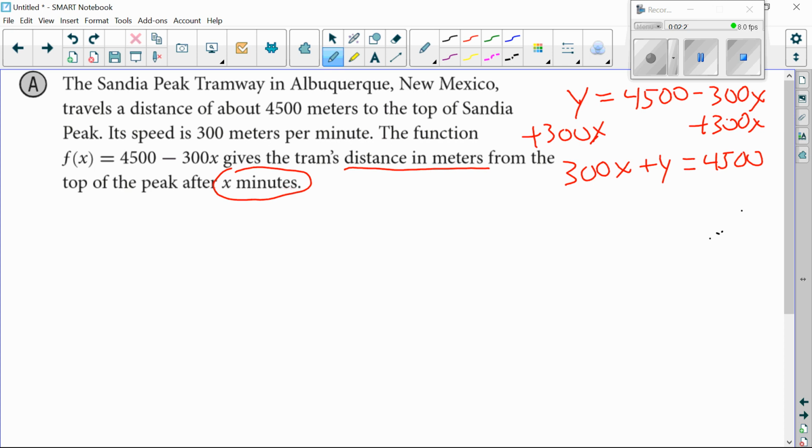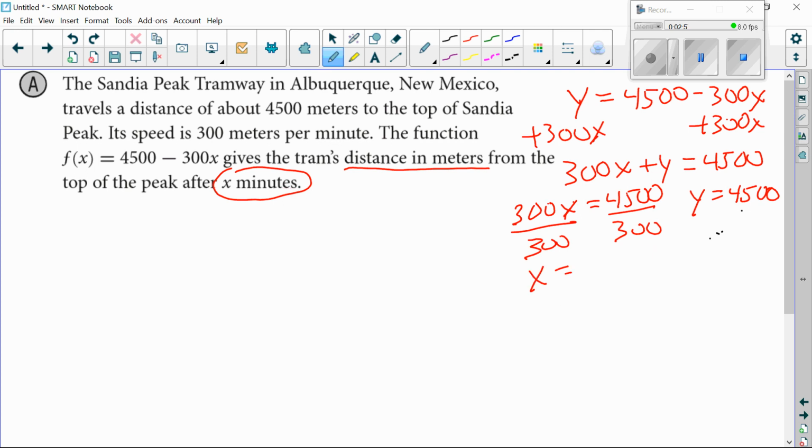Now, I'm going to do two problems. One, where you have 300x, and we put 0 in for y, is equal to 4,500. And next, when we put 0 in for x, you get y is equal to 4,500. Now I'm going to go ahead and solve for the x-intercept by dividing by 300.